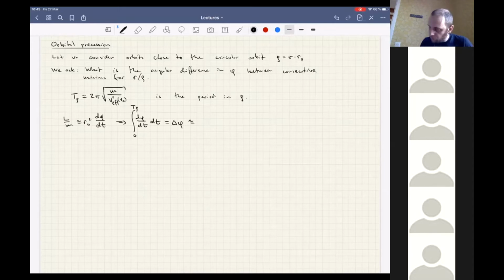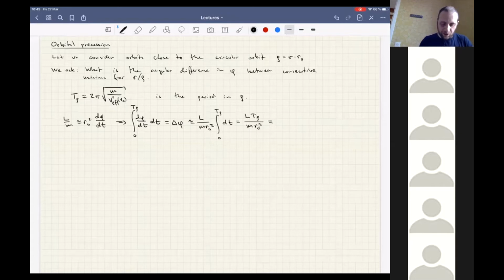So this is approximately equal to L divided by m R0 squared, and then the integral from 0 to T rho of dt, which of course just evaluates to T rho. This is L T rho divided by m R0 squared.